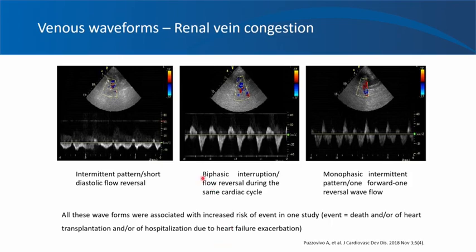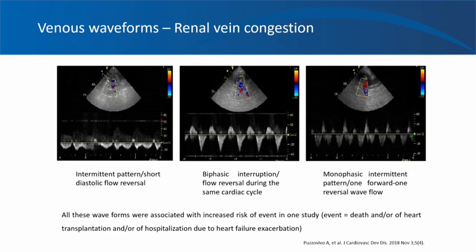And this one here is biphasic interruption, or flow reversal during the same cardiac cycle. You have one stroke here, and there is flow reversal in the same cardiac cycle. And this is called the monophasic intermittent pattern. That means one forward and one reverse waveform. One forward, one reverse, one forward, one reverse.